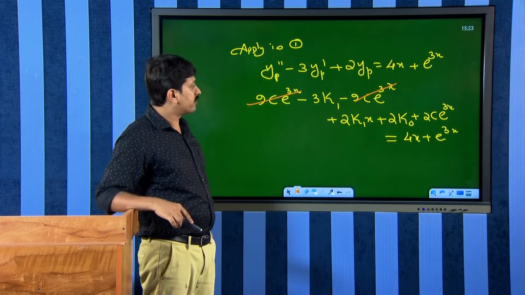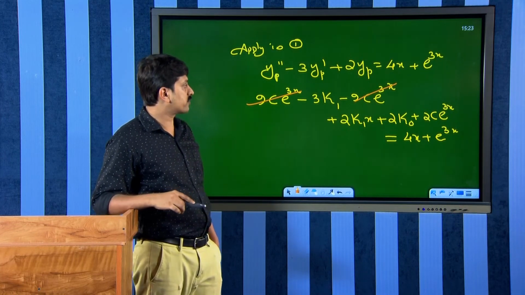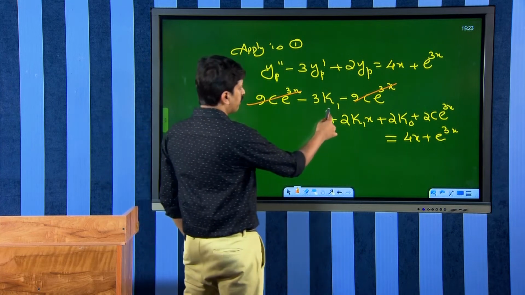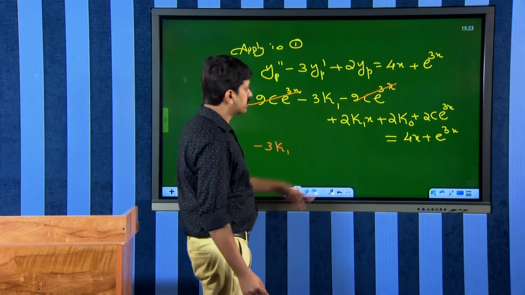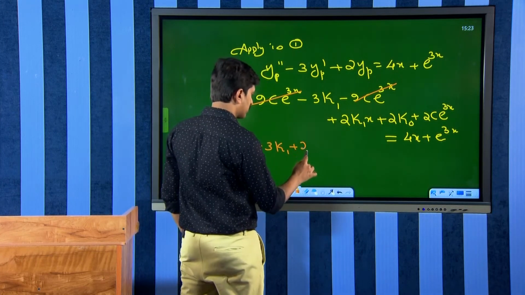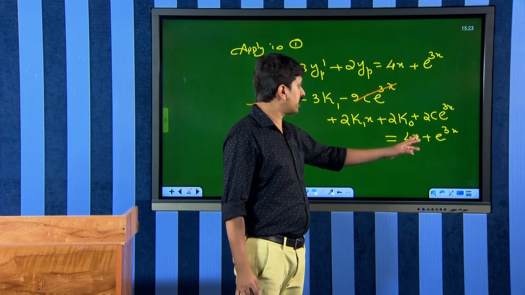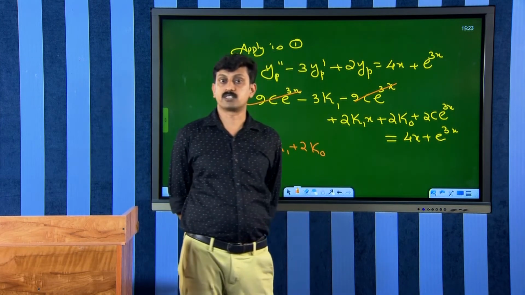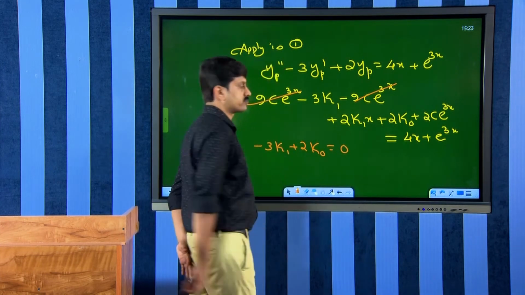Finally, the constant terms have coefficients minus 3k1 and plus 2k0. While comparing coefficients from both sides, there is no constant term on the right side, so the constant term is 0. Therefore this is equal to 0.